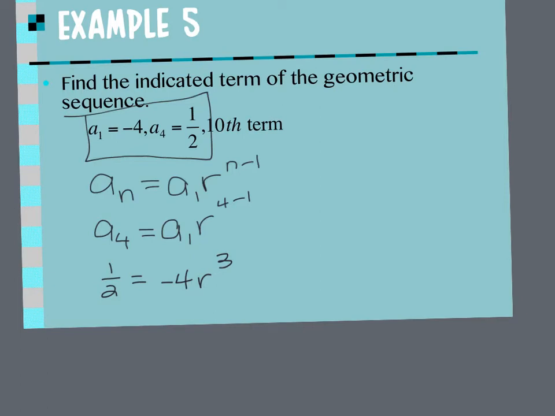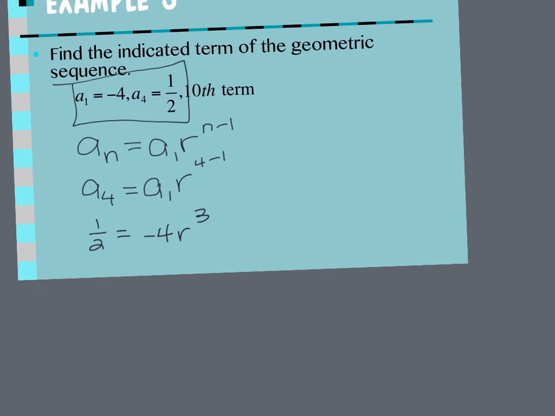So how can I solve for R? Divide by negative 4 on both sides. So it's being multiplied by negative 1/4, that's negative 1/8, equals R to the third. Negative 1/8, yes, thank you. Negative 1/8 equals R to the third. And then what?